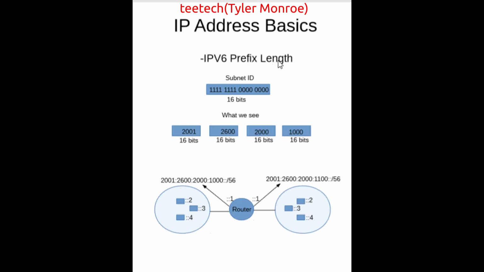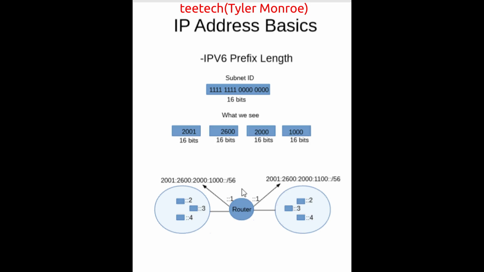So with the prefix length, remember the Subnet ID is 16 bits, so we have 4 bits here, 8, 12, and 16. And this is still the portions we discussed for the network, all the way up to the last one there before the interface ID.